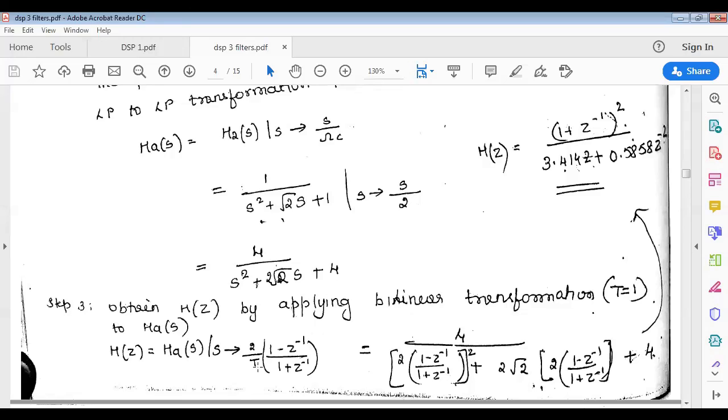Replacing all those, my final H of z will be (1 plus z inverse) to the power of 2 divided by 3.414 plus 0.5858 z to the power of minus 2. This is the transfer function we are supposed to obtain for designing the digital filter using the bilinear transformation technique.